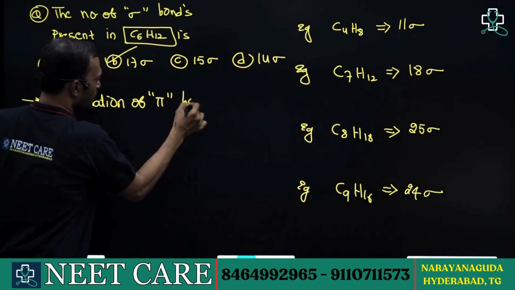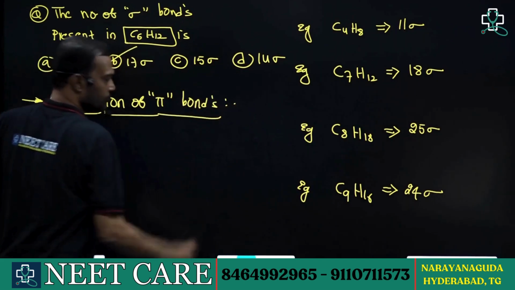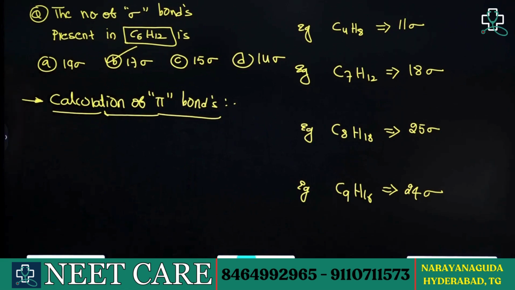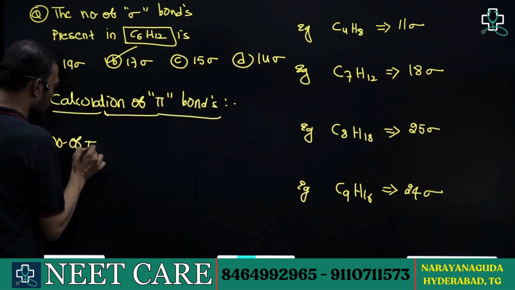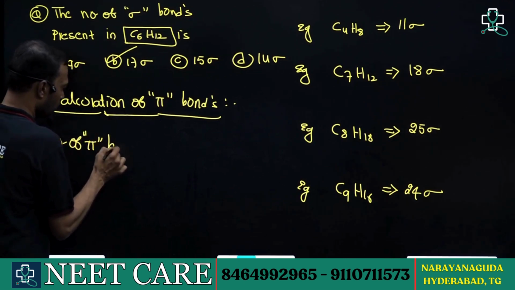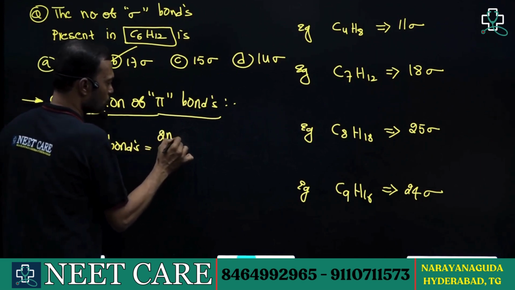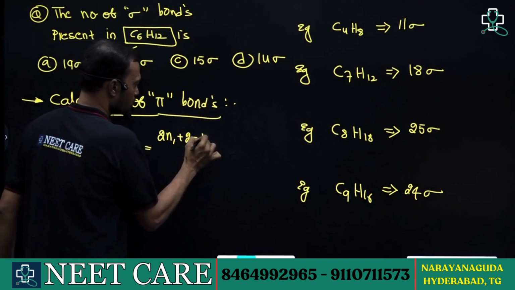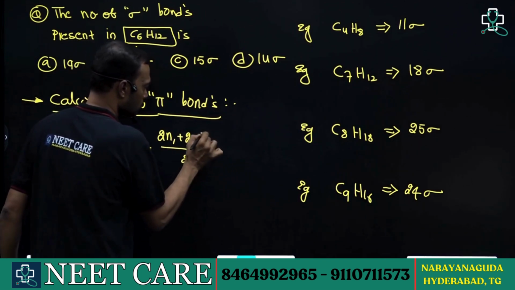Calculation of pi bonds. How to calculate pi bonds? Now your formula is there. The number of pi bonds is equal to (2n1 plus 2 minus n2) by 2. This is the formula to calculate the number of pi bonds.